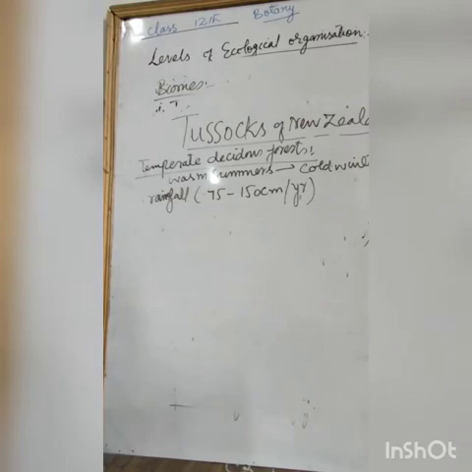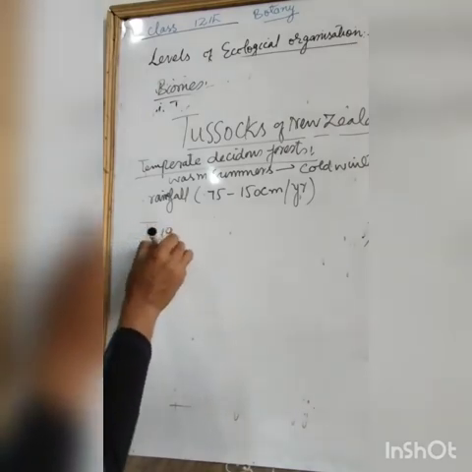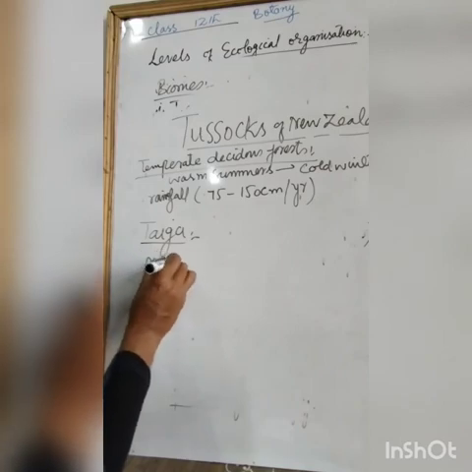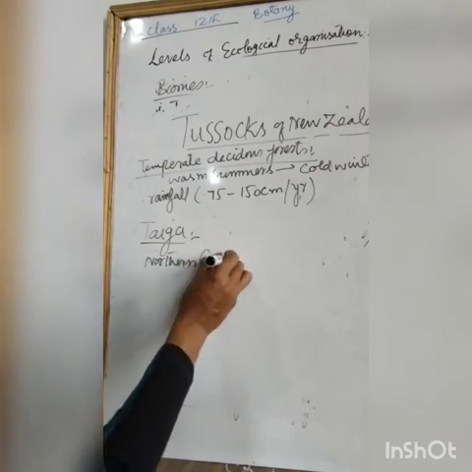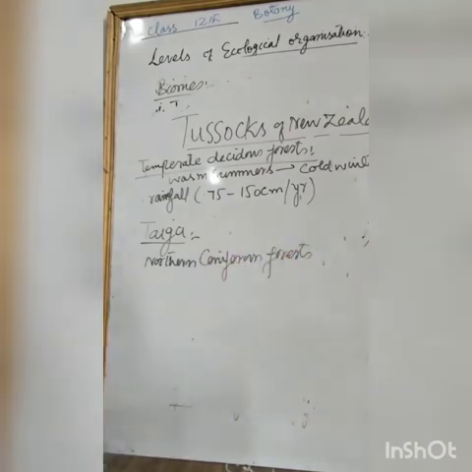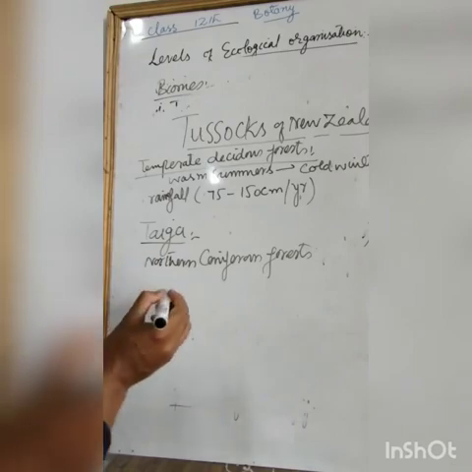And there is another, that is Taiga. These are the northern coniferous forests, or they are also called boreal forests.